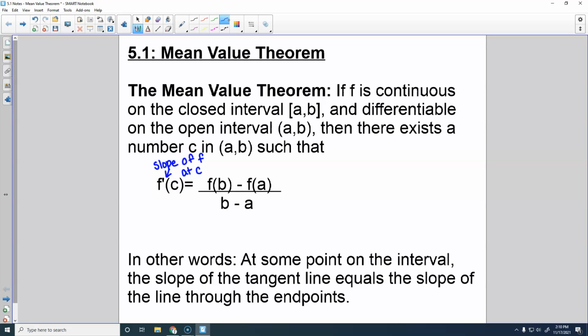Okay. All right. So focus, because this is going to be a fairly important section. So the slope of f at c is going to equal, what is this stuff? f of b minus f of a over b minus a. Okay, I'm hearing several people at one time.